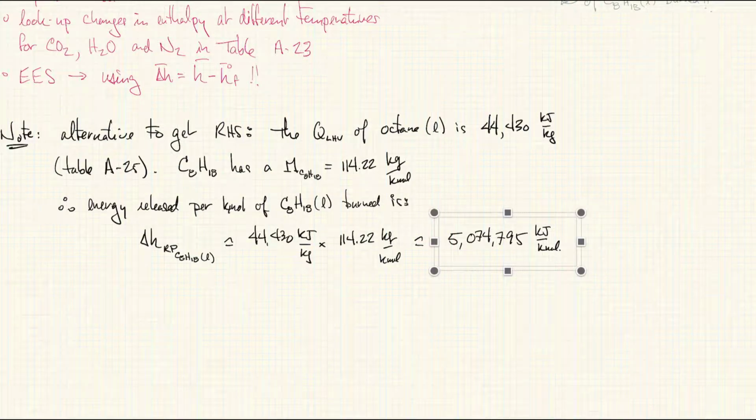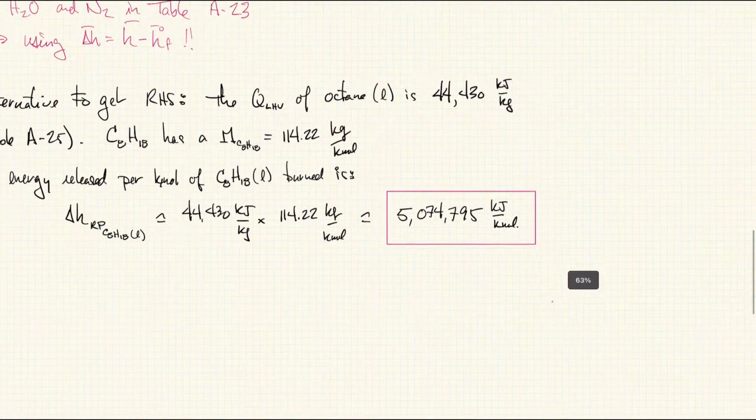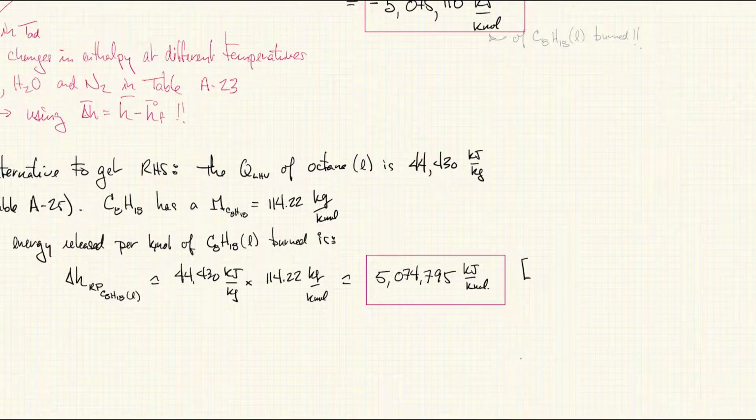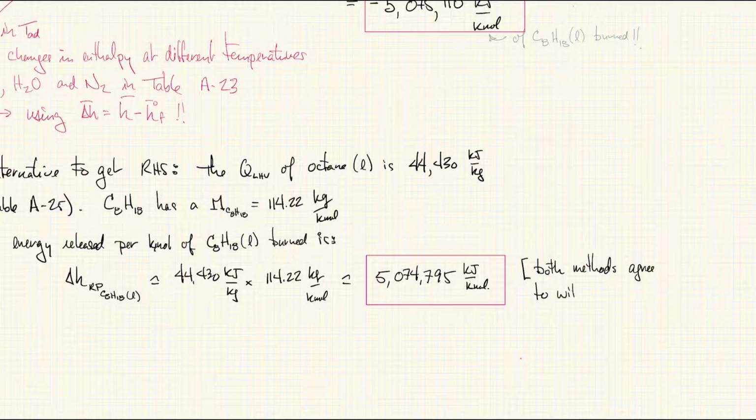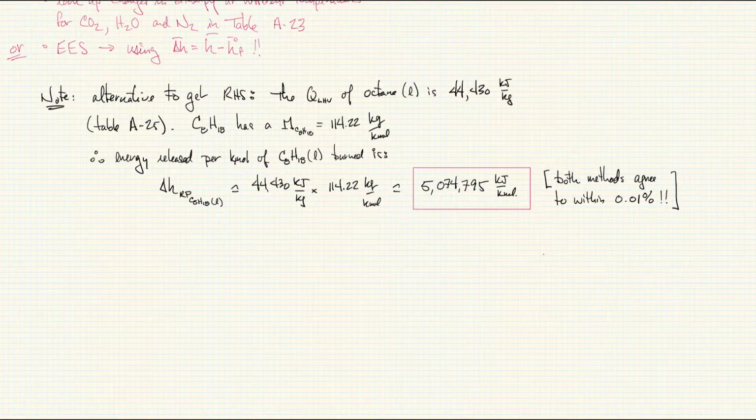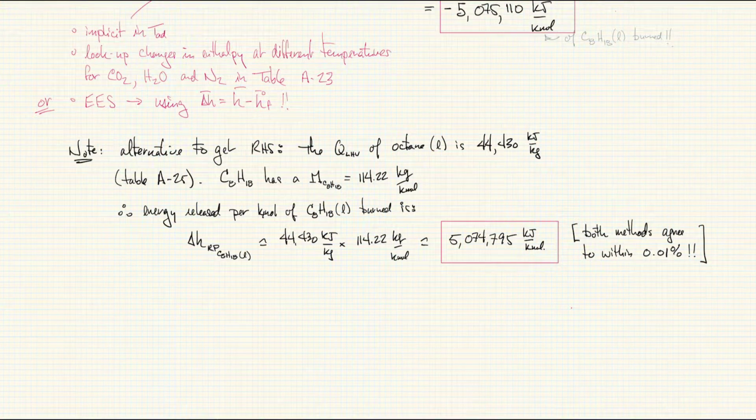I think it's around 0.01% of the other method. Clearly, using the lower heating value is a simpler method for finding the right-hand side. So I encourage you to look into that. That's a method I like to use when I do engines type work for figuring out the amount of energy released per unit of fuel burned.